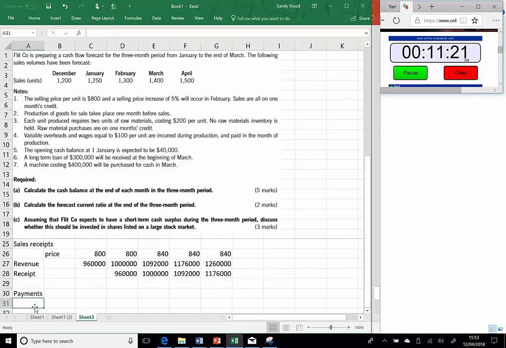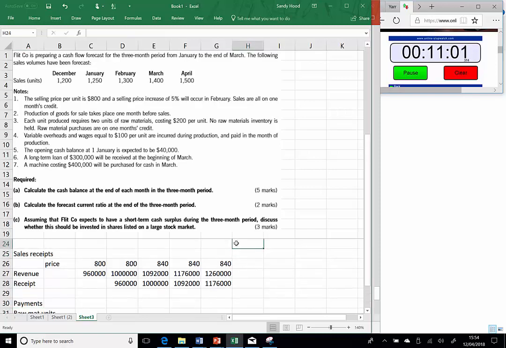We know that the purchases involve raw materials, and the raw material units is going to be 2 units for every product produced. Well, we've got our production figures already.